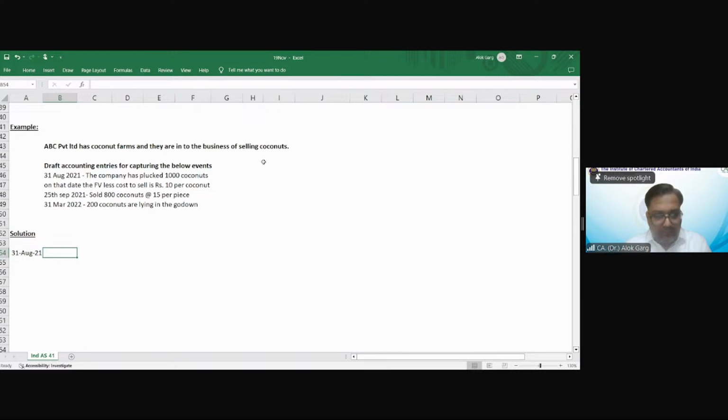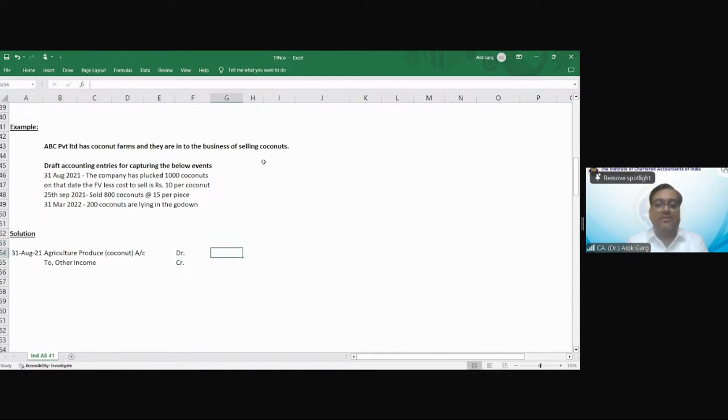Agriculture produce, coconut account debit to other income. What is the value? 1000 multiplied by 10.